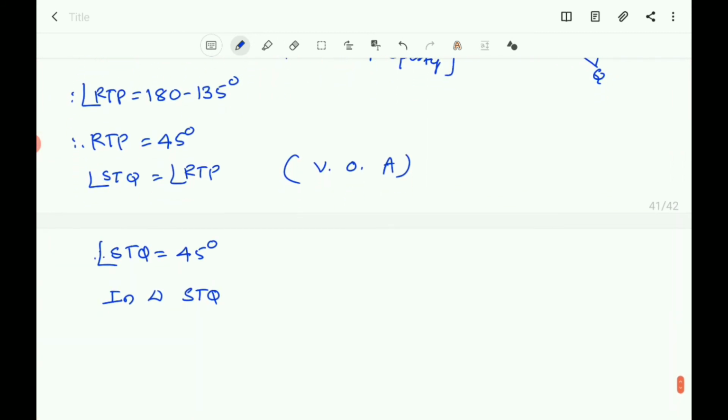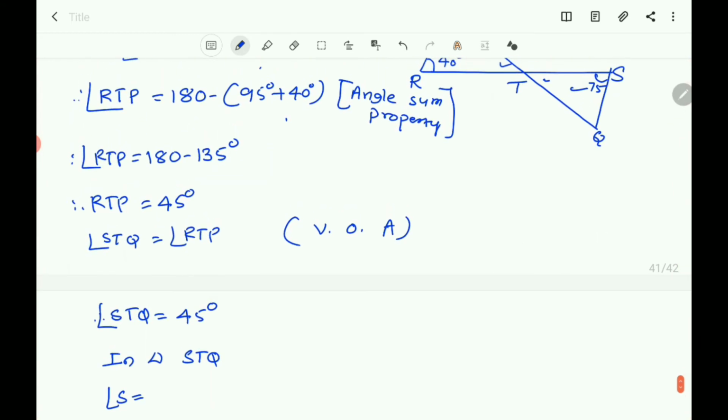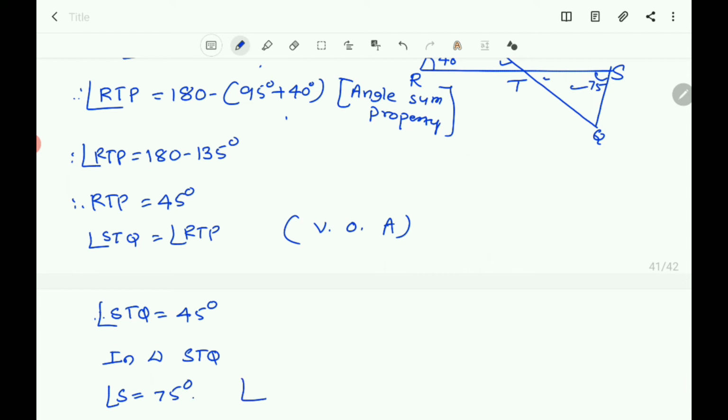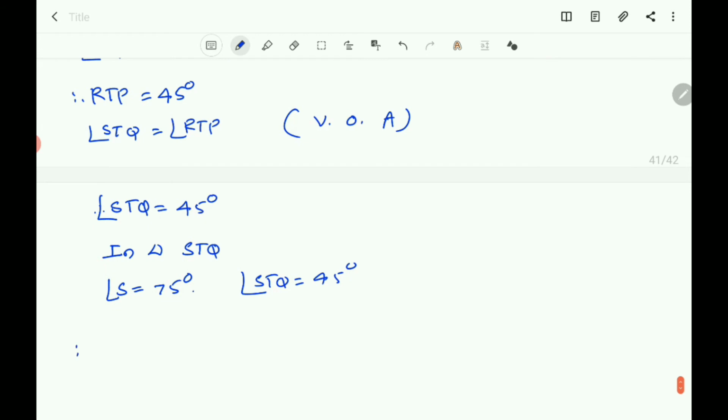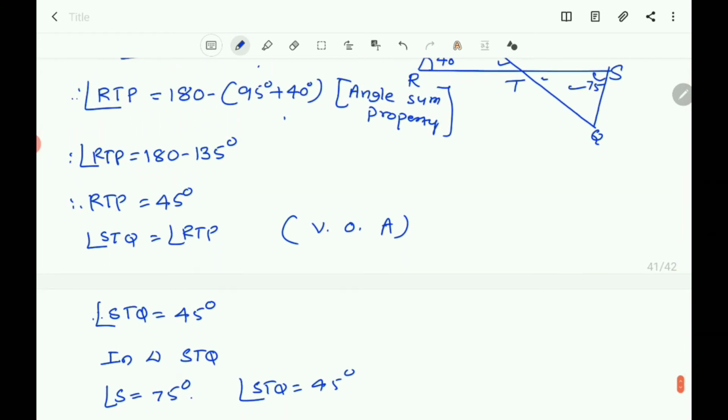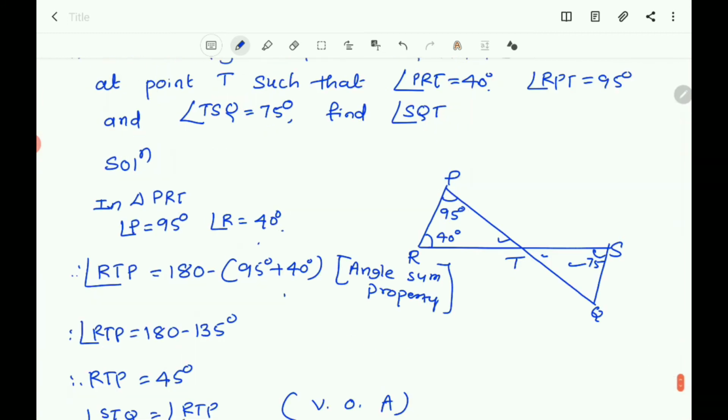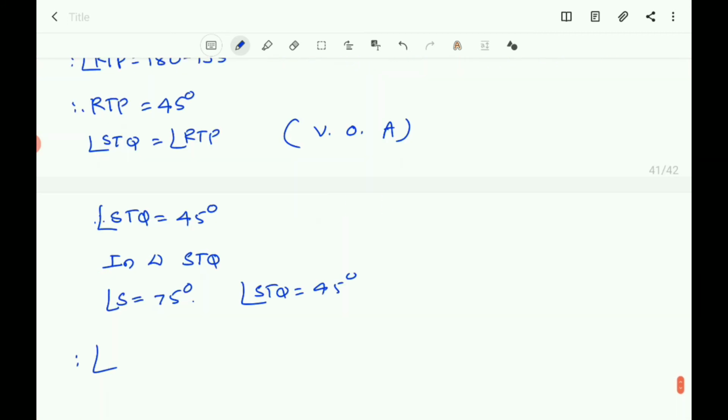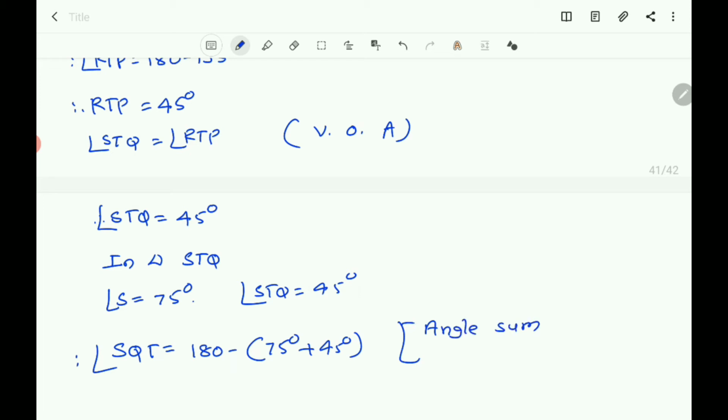Angle S is known, so you write angle S is equal to 75 degrees, and angle STQ is equal to 45 degrees. Therefore angle SQT is equal to 180 minus the sum of the other two angles, 75 degrees plus 45 degrees. That is the angle sum property of a triangle.